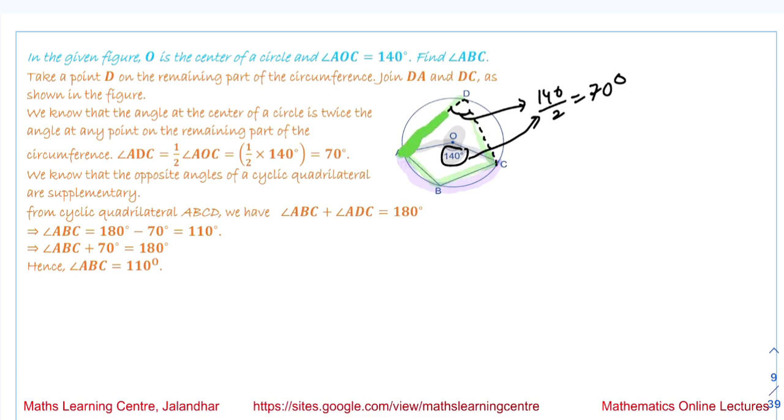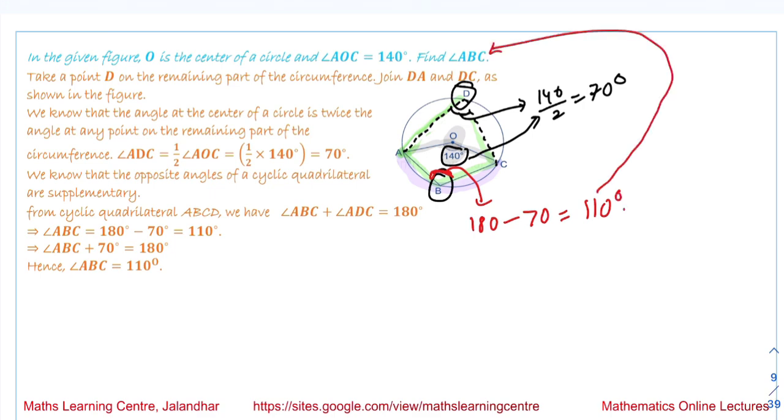This is a cyclic quadrilateral, because all the points A, B, C, D lie on the circle. So the sum of the angles at D and B will be 180 degrees. So the angle at B will be 180 minus 70, which is equal to 110 degrees, and this is the value of the angle ABC.